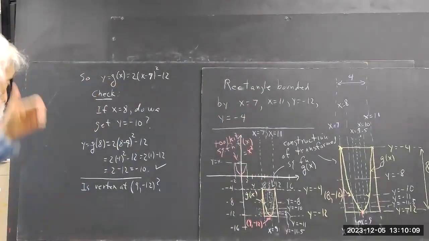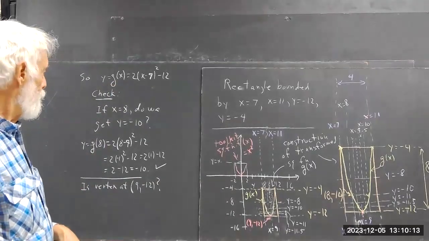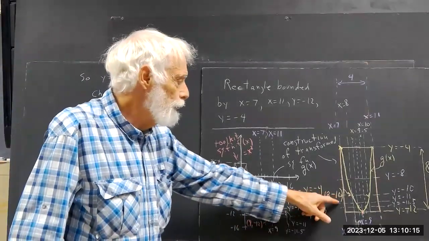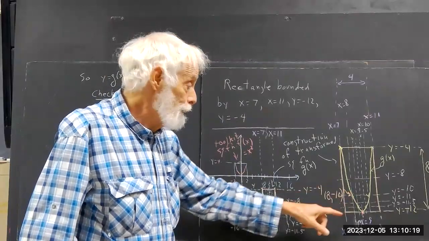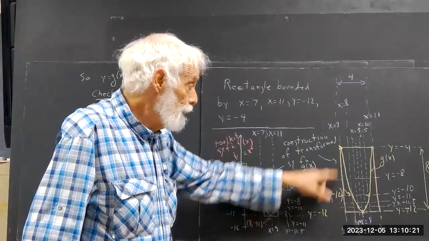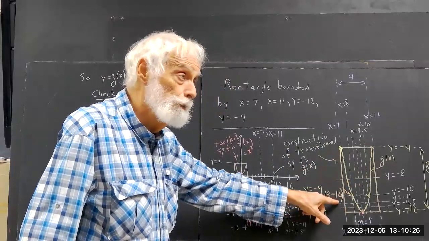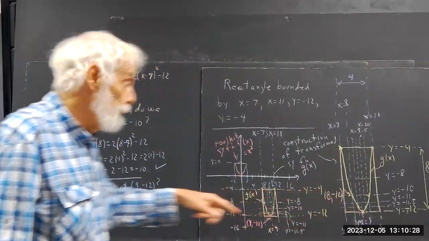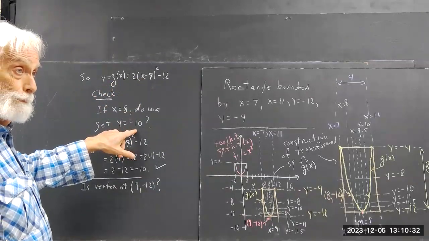All right, well, we're going to check this because we have the point 8, -10. It's right there on the graph. And it says that if x equals 8, the function that represents this curve should give us -10, right? So if we plug 8 into this, we should get -10.